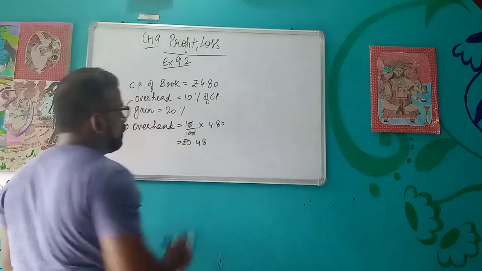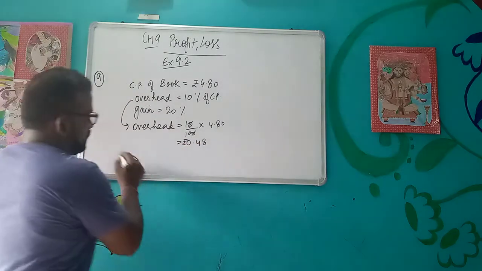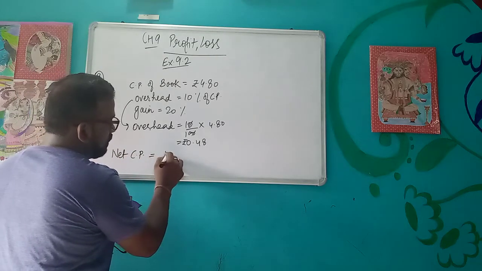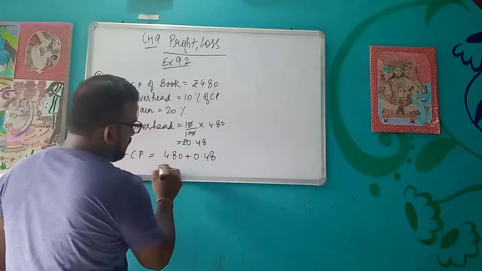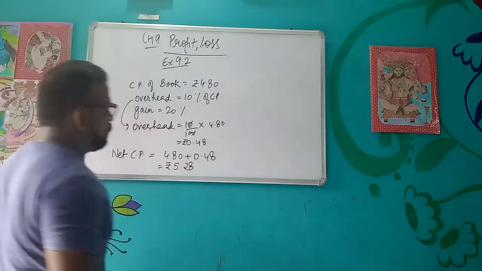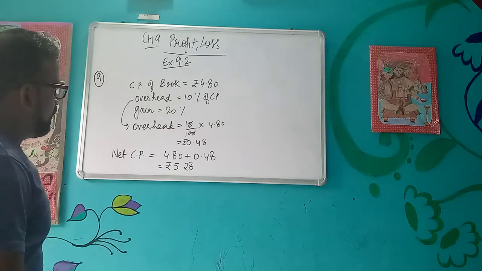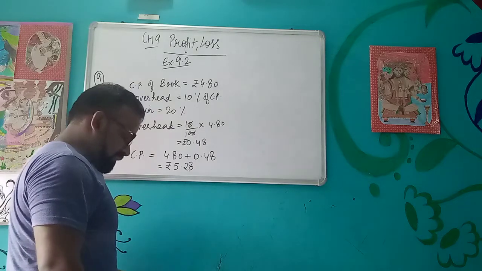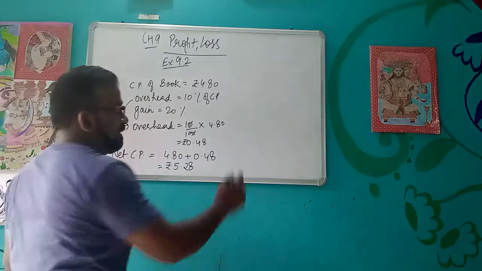And as I have told you, we will add this overhead to the CP. So what will be our net CP? Net CP will be 4.80 plus 0.48. That means rupees 5.28. Okay. Now gain is given as 20% and in this again we have to calculate the retail price or selling price.